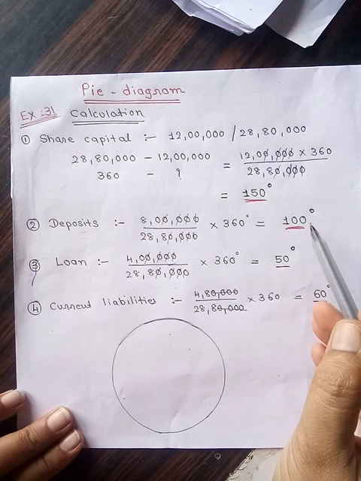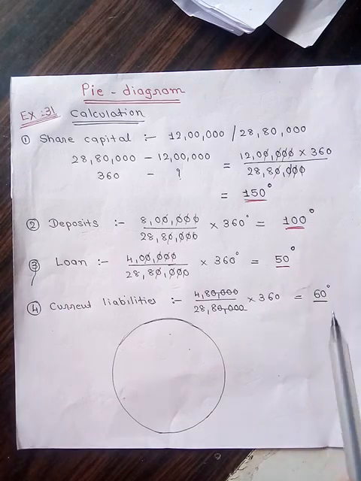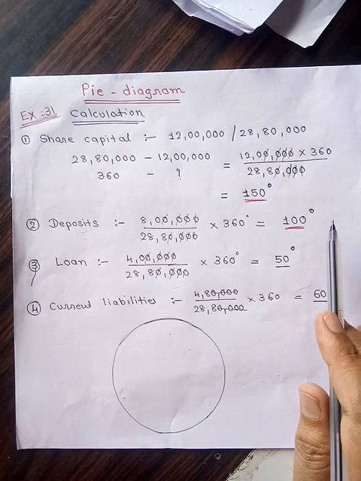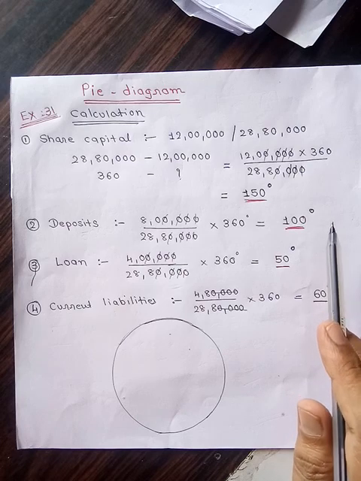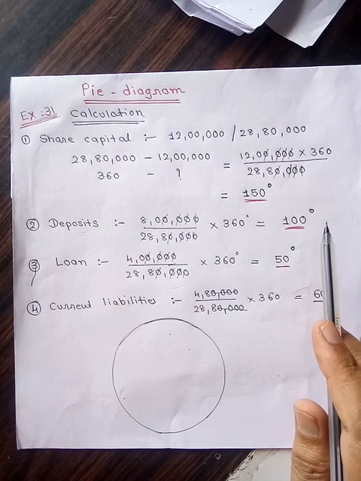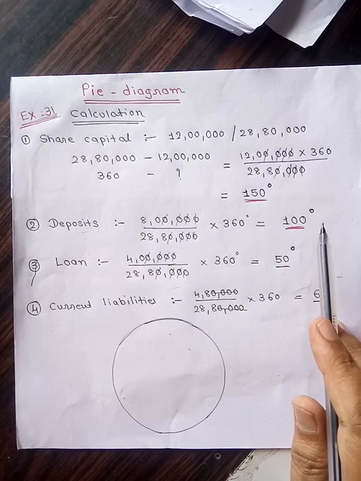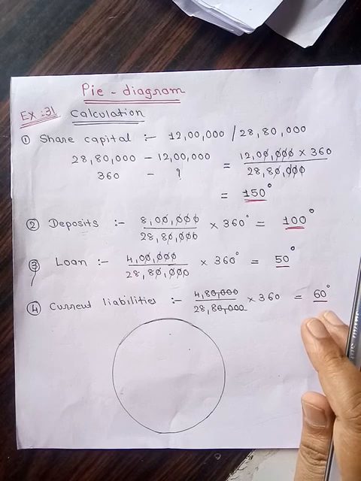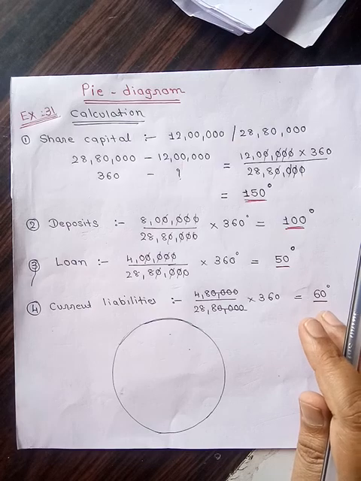So if it is 100.4 you can write 100. If it is 100.6 then you can write 101. So you will adjust degrees like that. Is it clear? If the degree is 35.4 you will make it 35, and if 35.6 you will make it 36. Anyhow, try to convert your degrees into round figures.